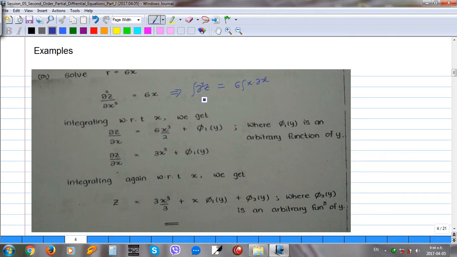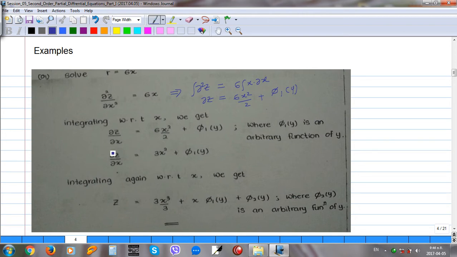If you integrate, there remains ∂z over ∂x, and 6x² over 2, plus you have to add the constant. The constant I am adding is φ1, which is a function of y, an arbitrary function of y.